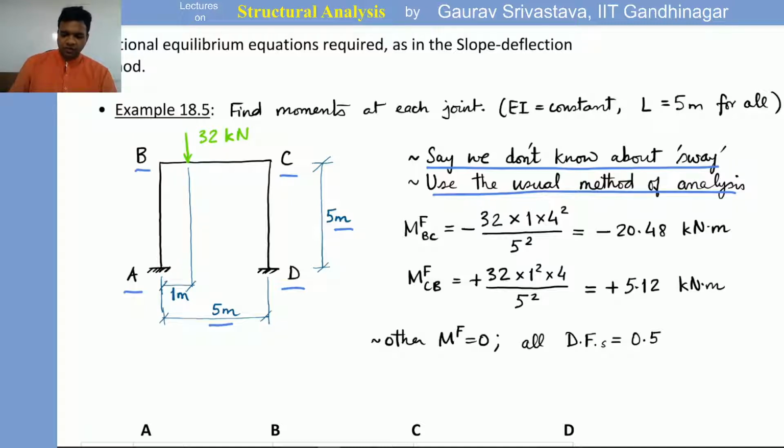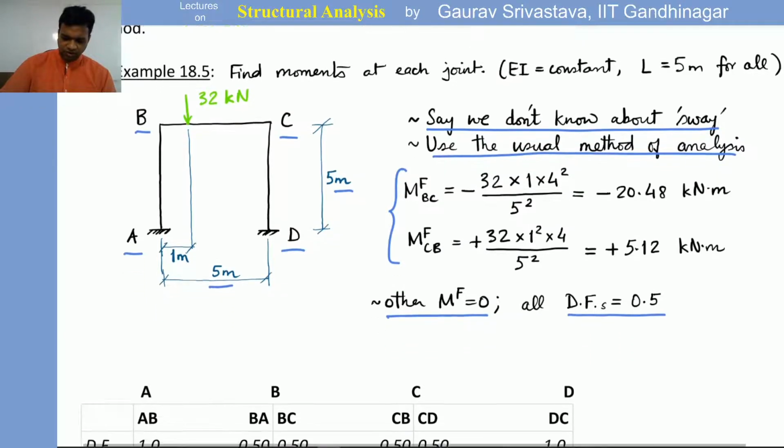And there will be fixed end moments only in the member BC, because AB and CD do not have any externally applied forces. So these fixed end moments we calculate. The other fixed end moments are all 0, and the distribution factors are all 0.5 except at A and D, where it is 1, which is an obvious case.